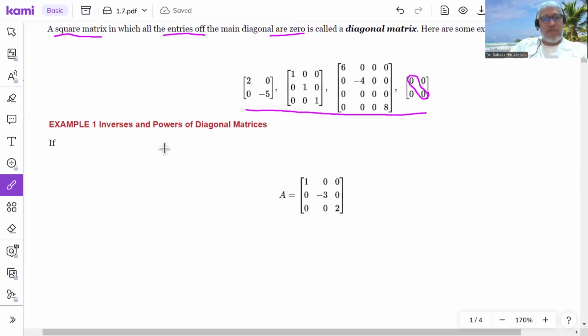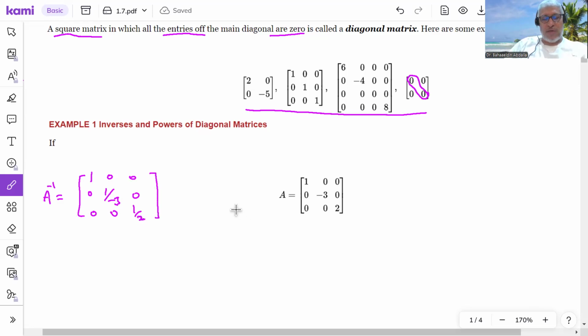How to find the inverse of a diagonal matrix? That's very easy. You just find the inverse of the entries on the main diagonal. The multiplicative inverse, or reciprocal, of 1 is 1, the reciprocal of -3 is 1 over -3, and the reciprocal of 2 is 1 over 2.